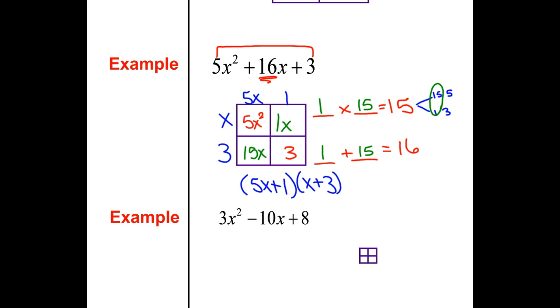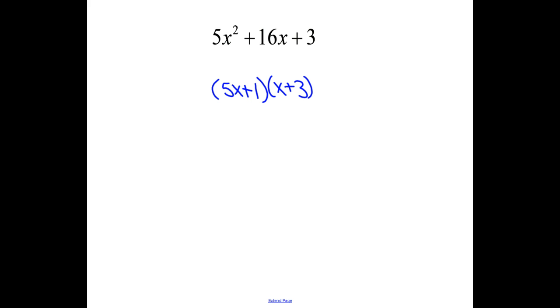Now I'm going to go on to another slide and show you that that truly does expand out to get you 5x squared plus 16x plus 3. If you remember from the previous videos, when we're expanding these out, I'm going to multiply each piece by each piece. So we get 5x squared plus 15x plus 1x plus 3.